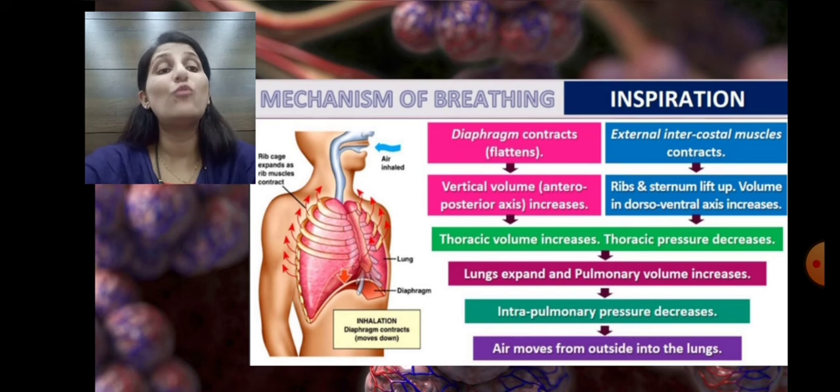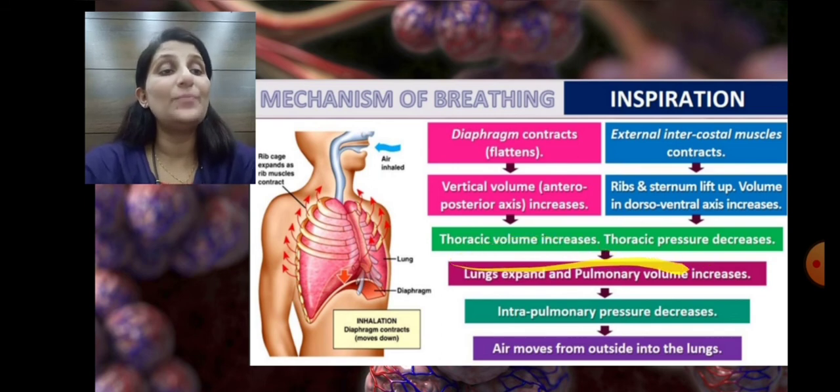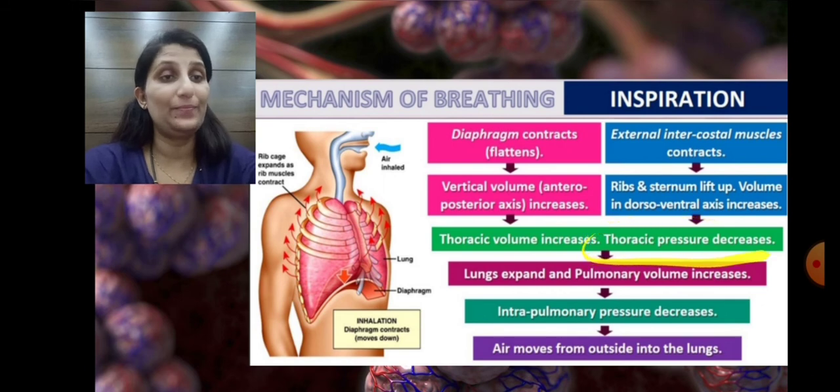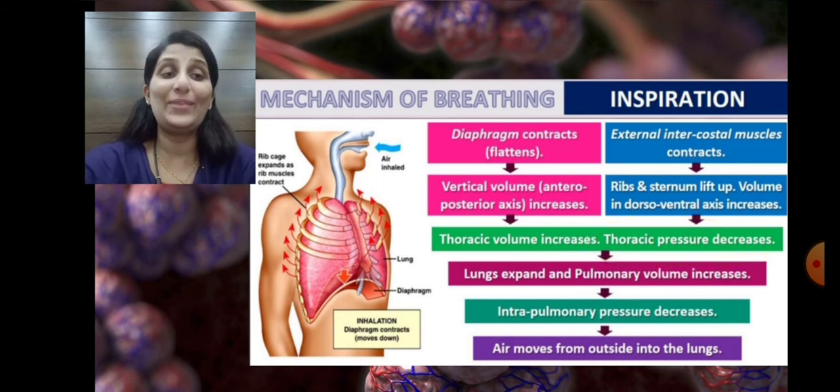As a result, the thoracic volume increases. When there is an increase in volume, what will happen? The pressure decreases. Increase in the thoracic volume decreases the thoracic pressure. So the lungs expand and the pulmonary volume increases. And automatically what decreases? The pressure inside the lungs, that is intrapulmonary pressure, decreases.